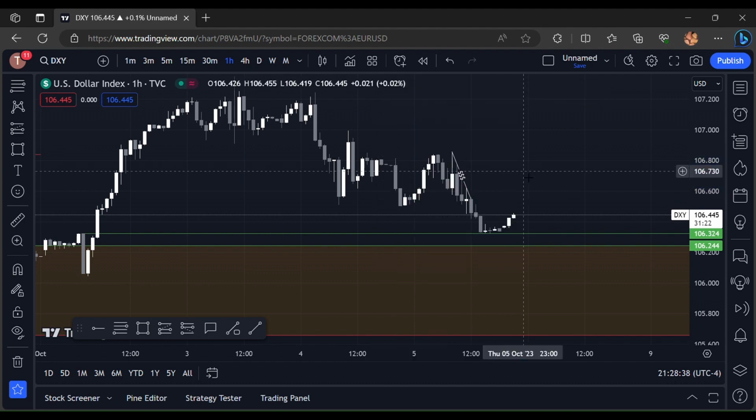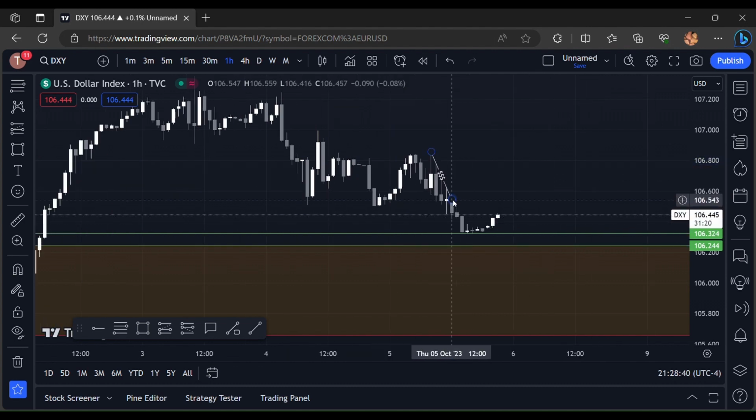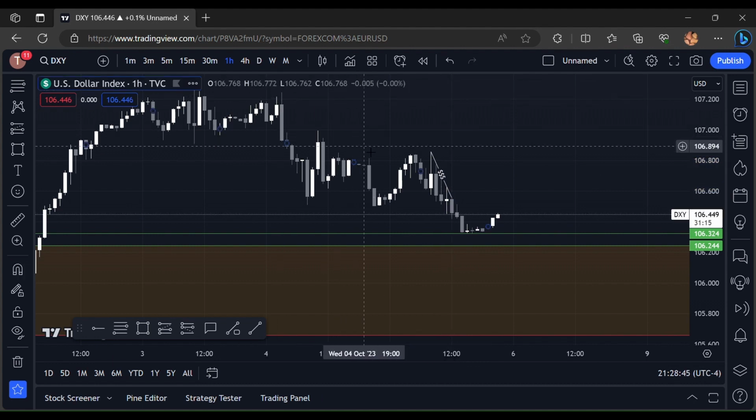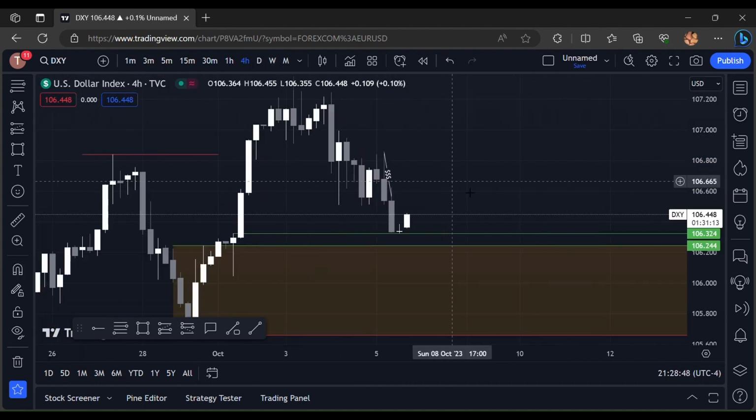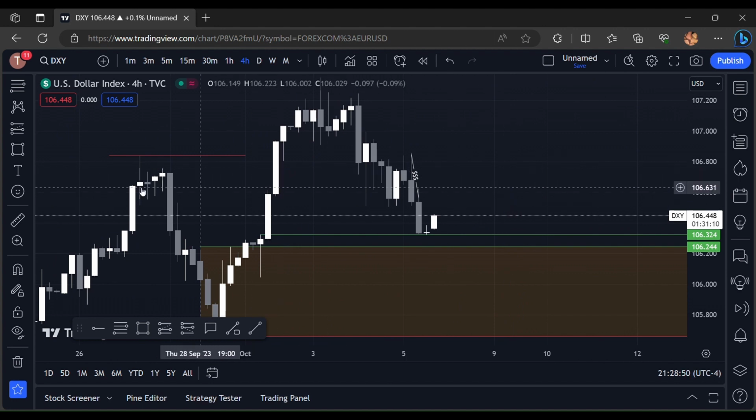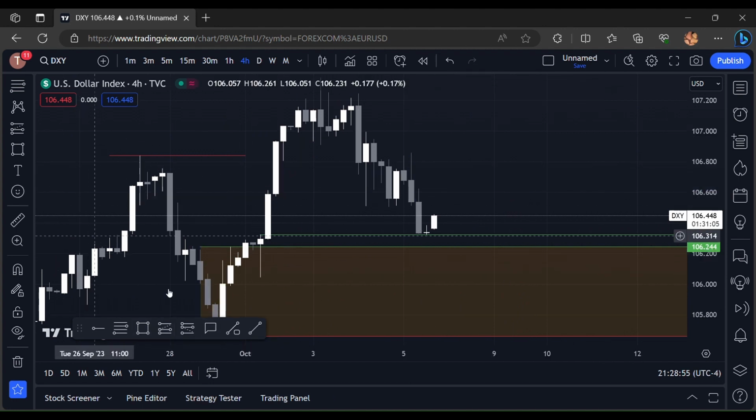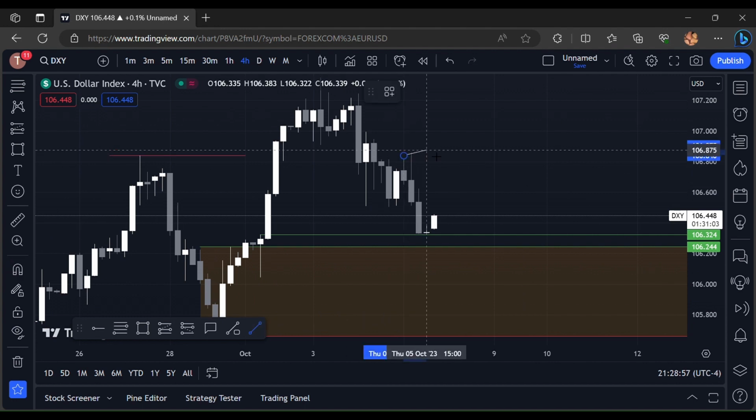So most probably the market continues to go above. We are gonna take, let's move into the 4 hours for the clear picture. We are gonna take these areas, and most probably we are gonna react from here.